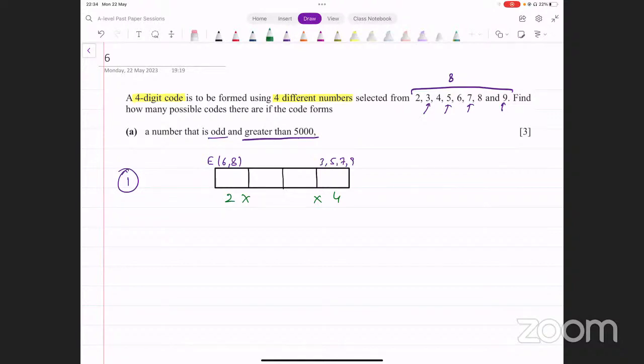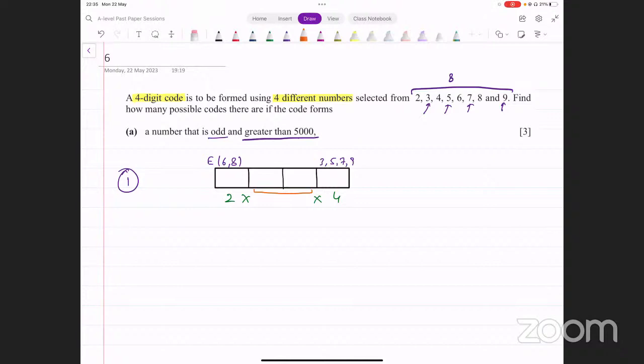What about the numbers in the middle? अब देखें, एक नंबर आपने यहाँ पे first box में रख लिया, एक नंबर last box में रख लिया. टोटल कितने नंबर्स थे? 8 नंबर्स थे. उन 8 में से आपने 2 नंबर्स place कर लिए. दरमियान में तो कोई condition नहीं है, इधर तो कोई भी नंबर्स आ सकते हैं दरमियान वाले region के अंदर. तो बाकी 6 में से कोई भी 2 नंबर्स इधर दरमियान में आ जाएंगे.